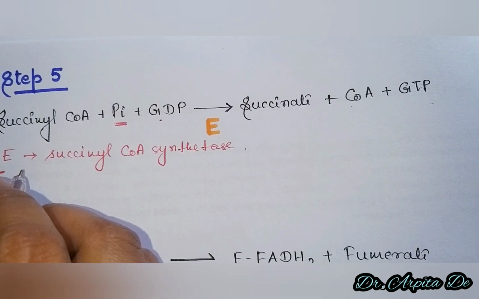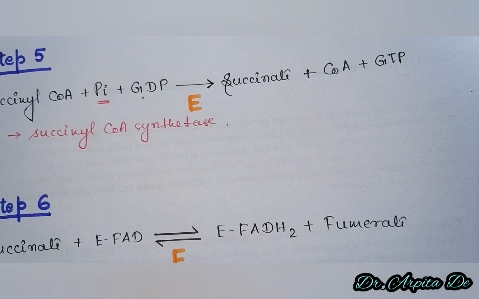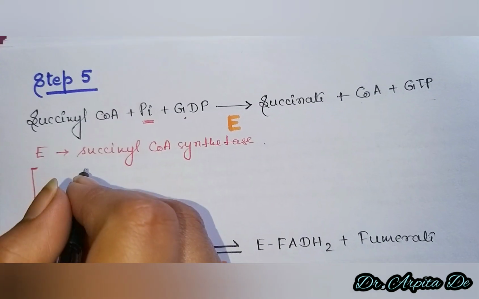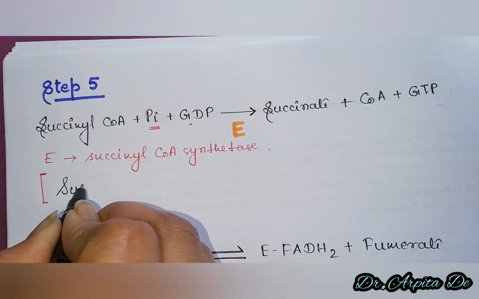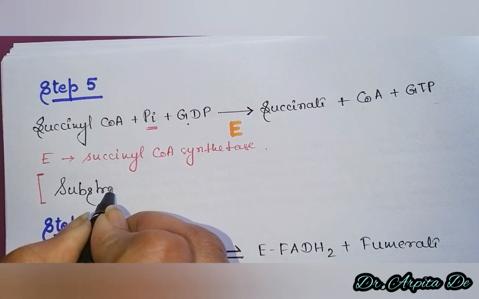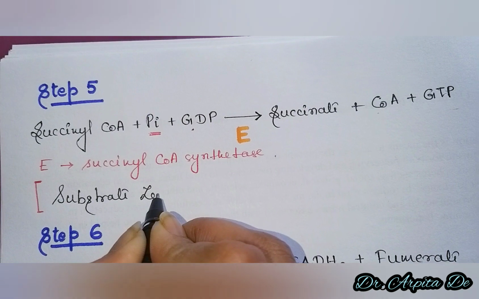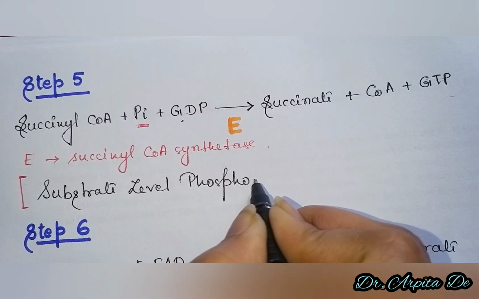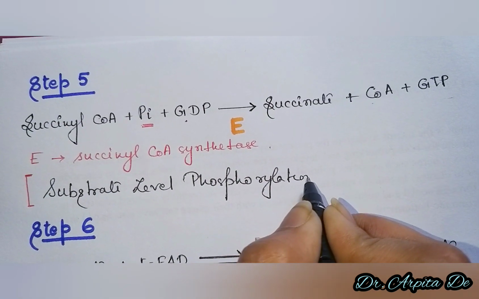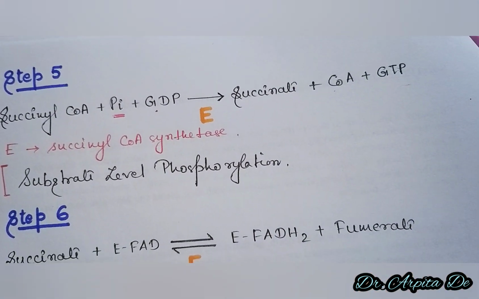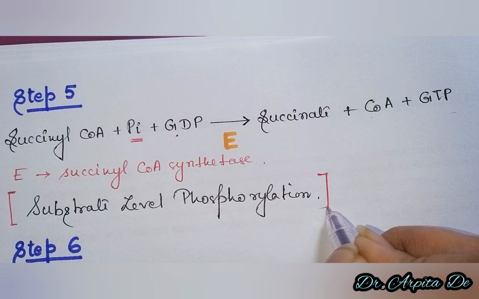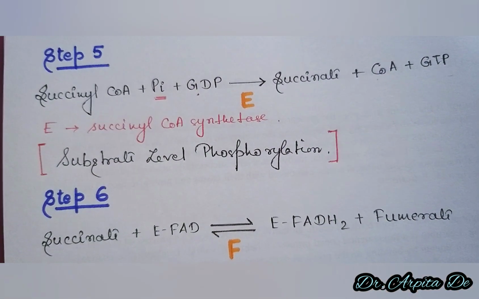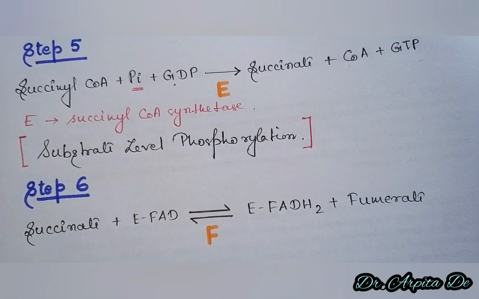So we can call this step, writing it with a different color so that you remember it, substrate level phosphorylation, right? So step number 5 is your substrate level phosphorylation step.